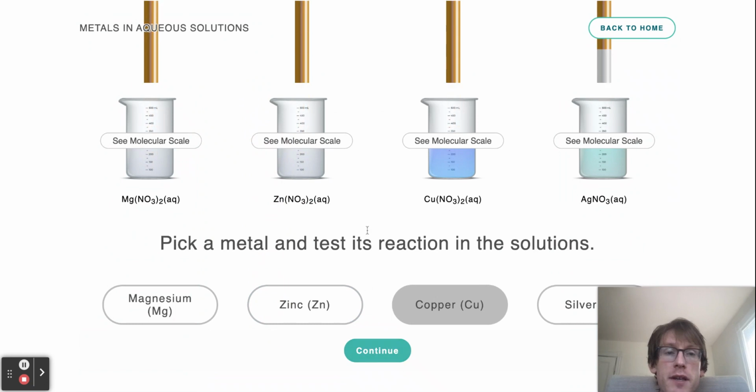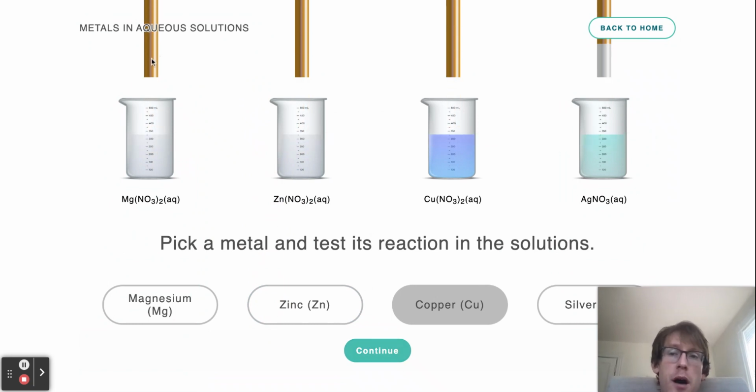And for this reason, we can see that the copper metal was completely untouched when mixed with magnesium and zinc ions, which are more active. Copper, of course, wouldn't displace copper. But we did get plating of silver onto the piece of copper in the case of the silver nitrate solution.